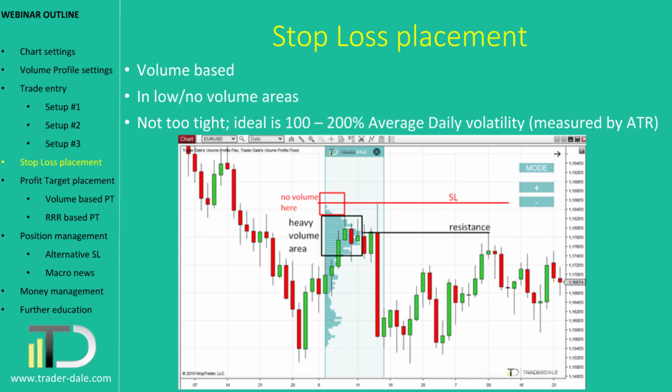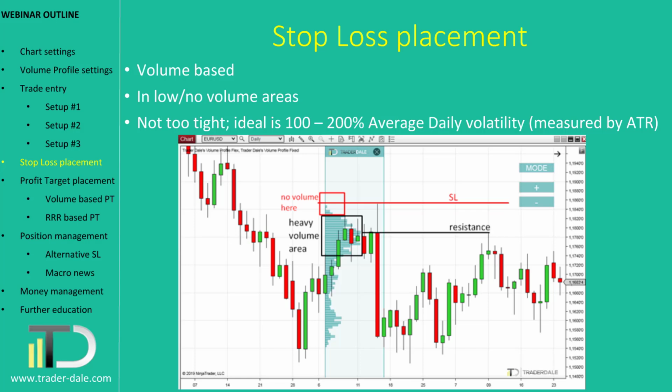You place it in the low volume area or into a no volume area. One more thing about that is that your stop loss should not be too tight. You need to let your trades breathe. So the ideal stop loss is very roughly around 100 to 200% of average daily volatility. You can measure that with the ATR indicator, which is a standard indicator in every trading platform.